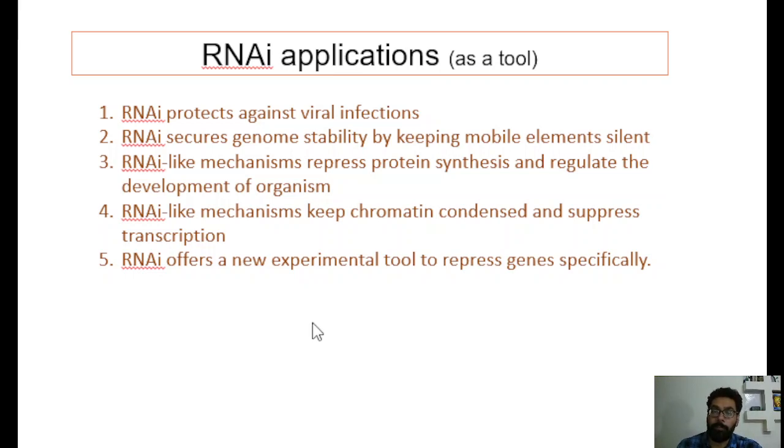And if we somehow silence or knock out that gene, we can know that the gene is important for the function of a particular pathway or a particular protein. Like in petunia, if we silence the chalcone synthase, we will not get any pigments. So these are the two strategies for gene characterization. So silencing strategies will be performed through the RNA.